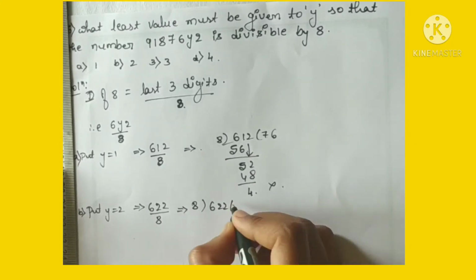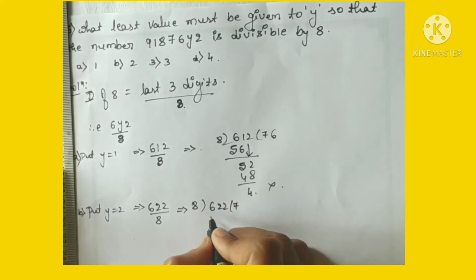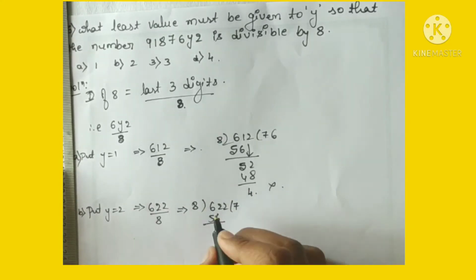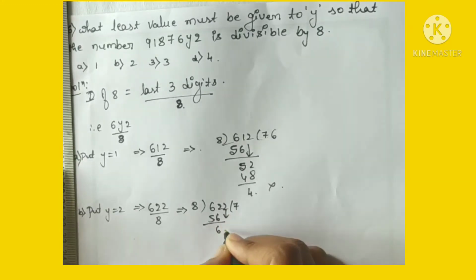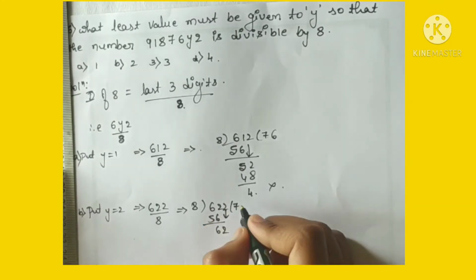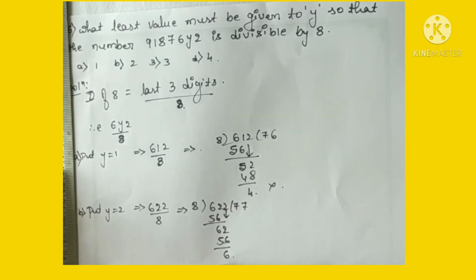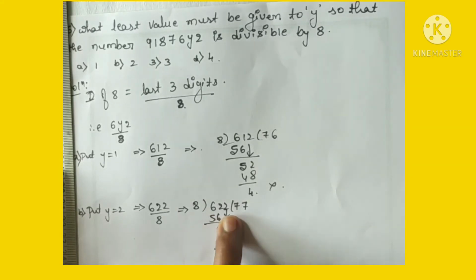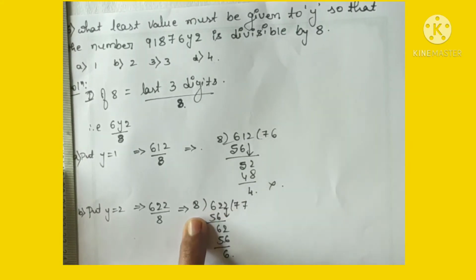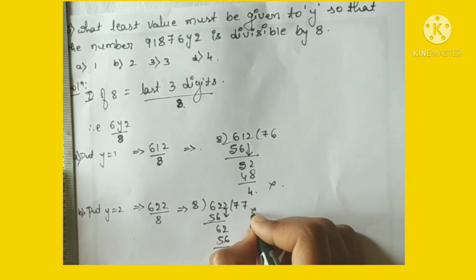Here 8 sevens are 56. The remainder is 6. I carry this 2 here. Then 8 sevens are 56. Here the remainder is 6. Here also 622 is not completely divisible by 8. So this is also a wrong option.